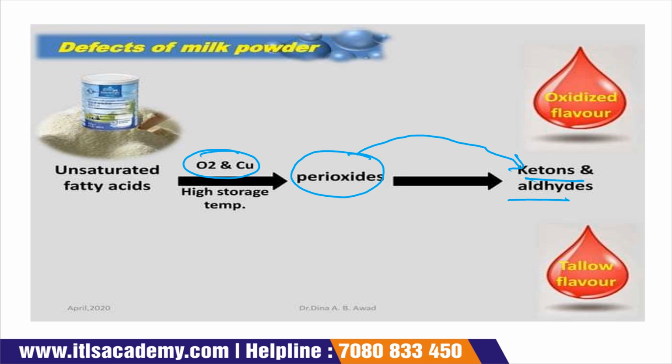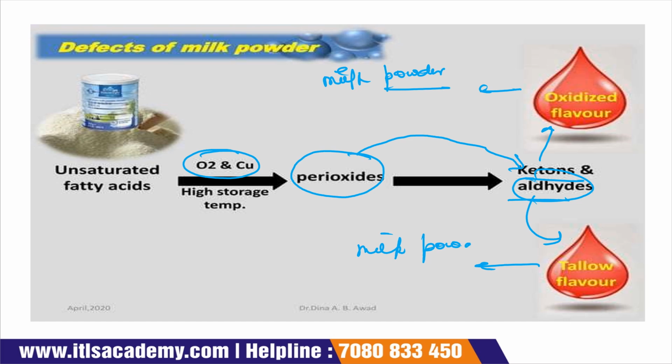If it is converted into ketones, then it will give an oxidized flavor to the milk powder. And if aldehydes are formed, then it gives a tallow flavor to the milk powder. Okay, this is your first effect.